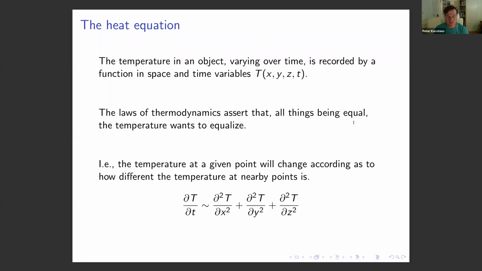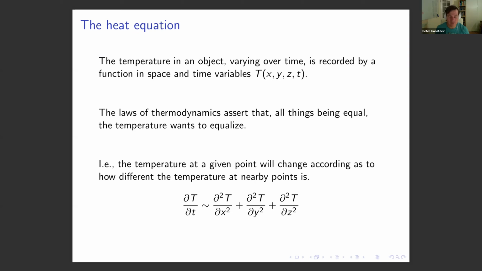And that's how we can express the statement quantitatively, right? So the derivative of the temperature function with respect to time. Don't worry about those del's, those are partial derivatives. We'll introduce them.